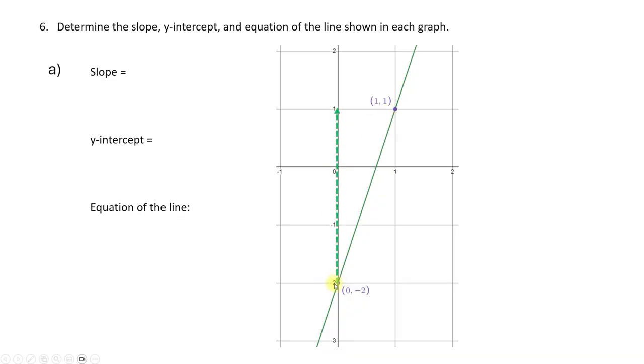The rise is 1, 2, 3, and the run is 1. So our slope is 3 over 1, that's 3. Our y-intercept, right here where it crosses the y-axis, is -2. So the equation of the line will be y equals 3x minus 2.